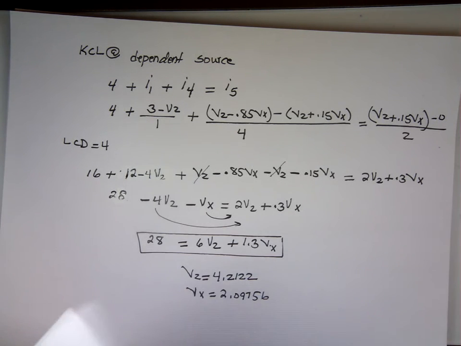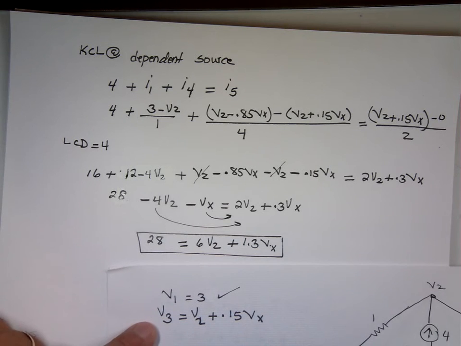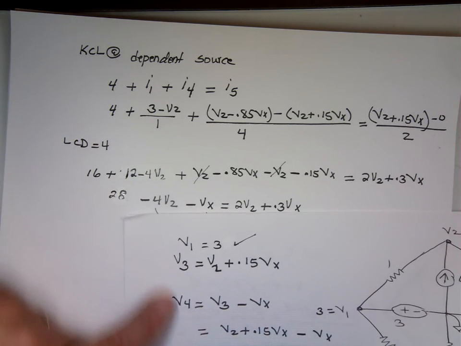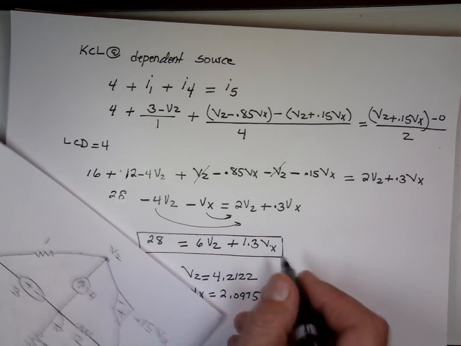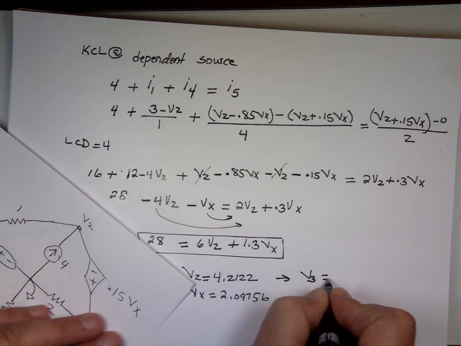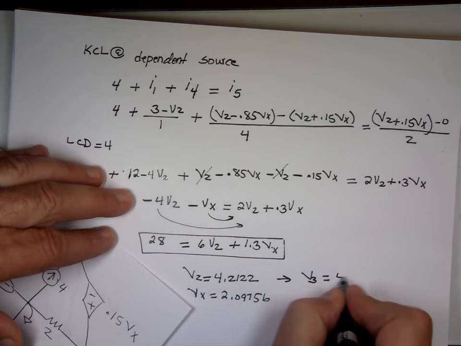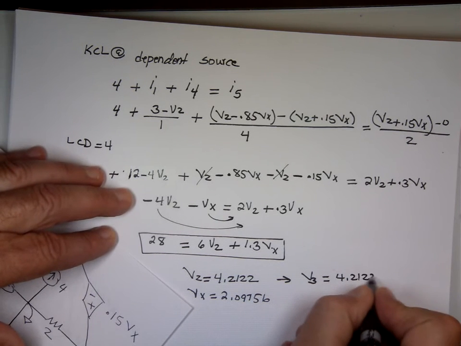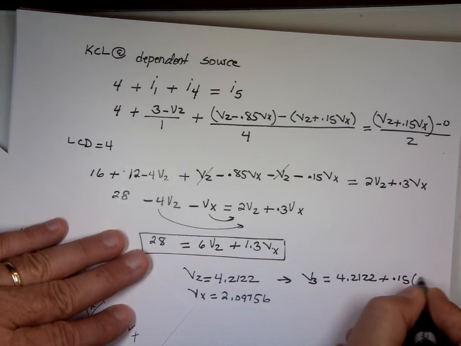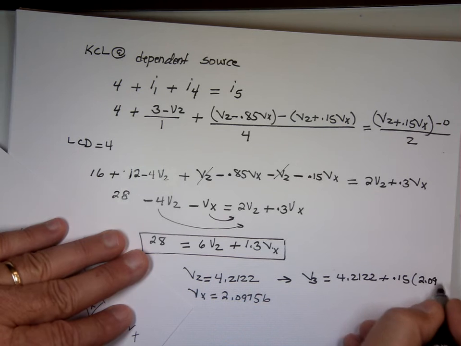Well, once I know these, can I find V3 and V4 from here? So, V3 equals V2, which is 4.2122, plus 0.15 times Vx, which is 2.097, whatever that number is.